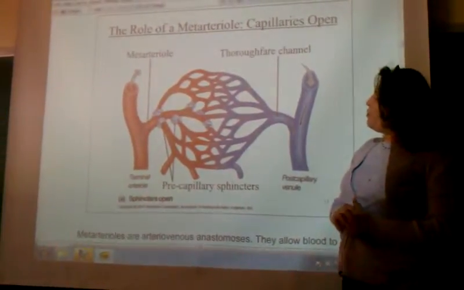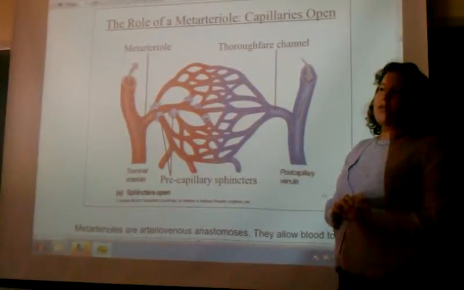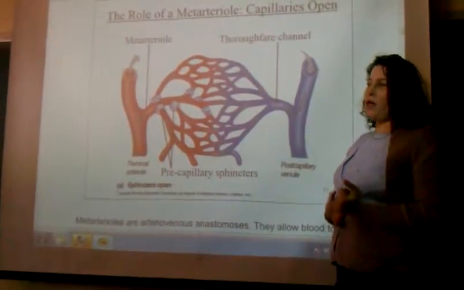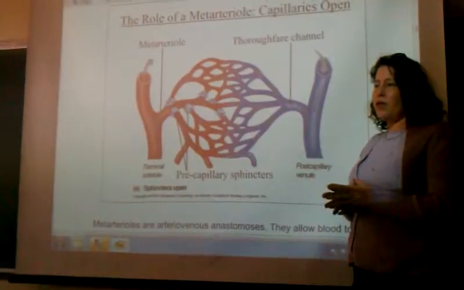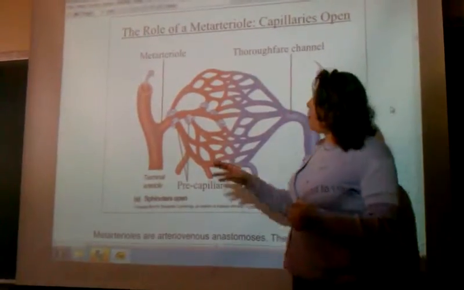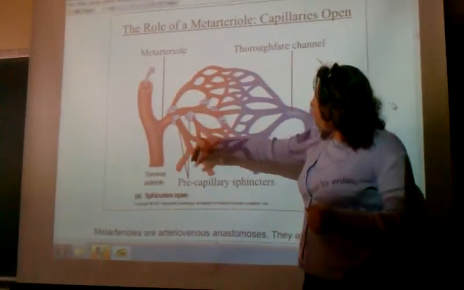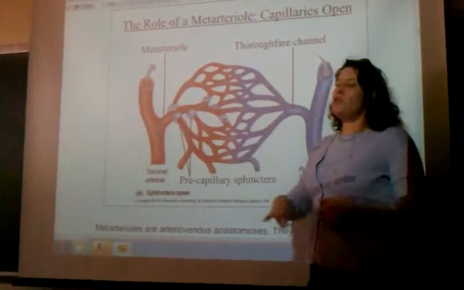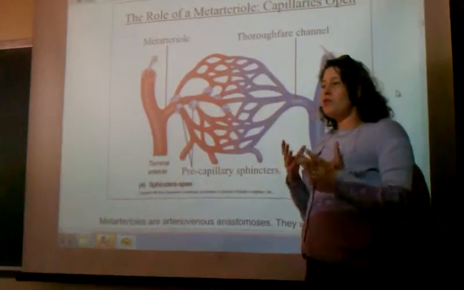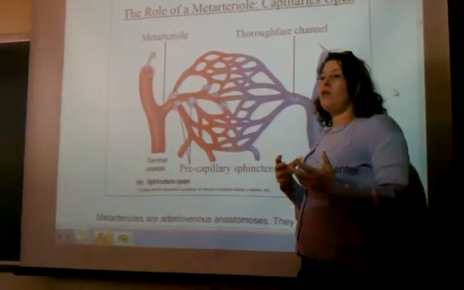Now, remember our arterioles had the three layers. They had the tunica adventitia on the outside, tunica media, and tunica intima. And what happens is as we branch from our arterioles into our capillaries, the smooth muscle cells of the tunica media are lost.